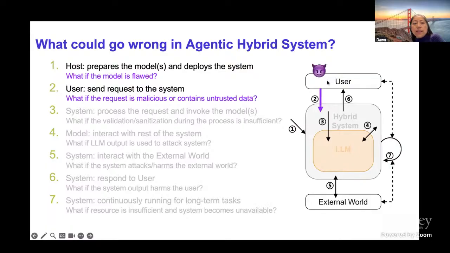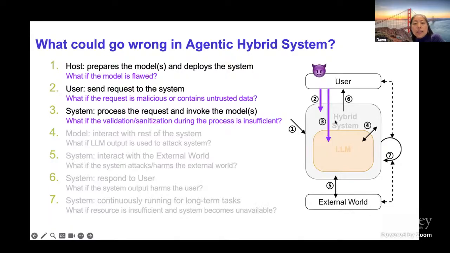Now, the second step, the user sends requests to the system. So in certain cases, the user request could be malicious or could contain untrusted data, given that user requests may use data from untrusted sources as well. And then the third step, the system will process the requests and then assemble the prompts and then invoke the model.